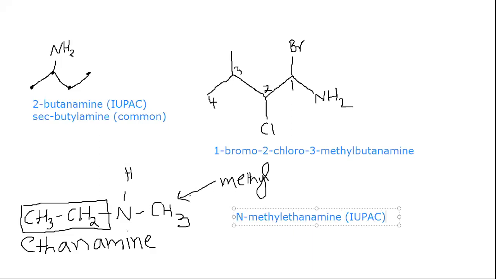So clearly you guys can see how I'm writing this name. Nitrogen is breaking the longest chain. So when nitrogen is breaking the longest chain, you still have to find the longest chain attached to nitrogen. And that longest chain is named as ethanamine.